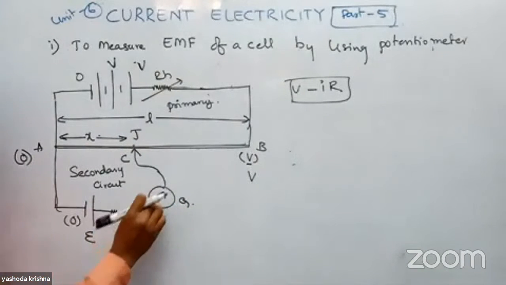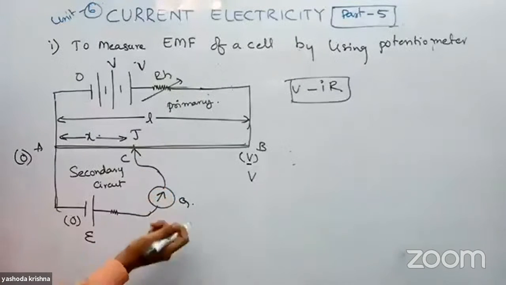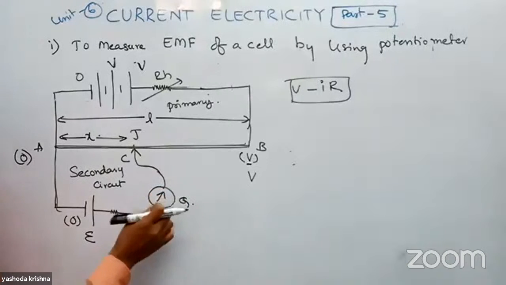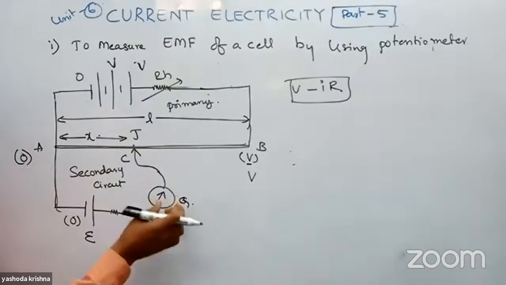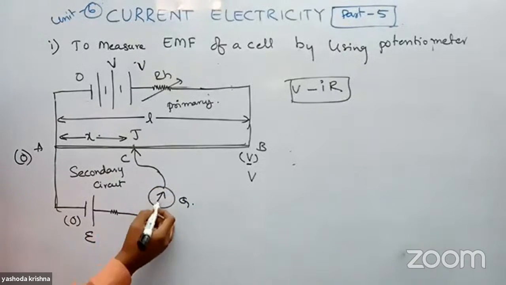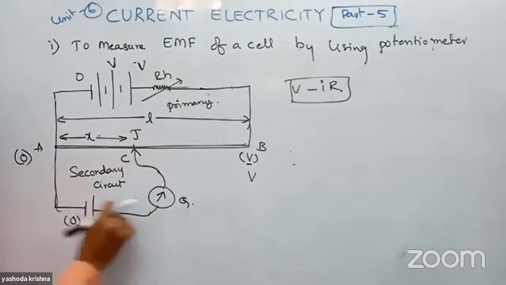Then what is null deflection? A galvanometer is used to measure a small amount of current. If the stick of the galvanometer indicates 0, there is no current flow.